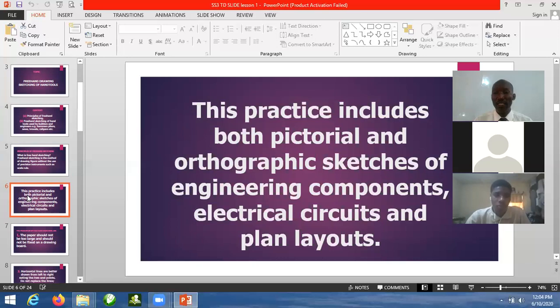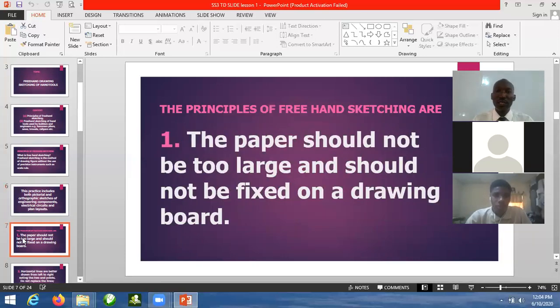They are drawings that have to be done without the use of precision instruments. Now, let us look at the principles of freehand sketching.